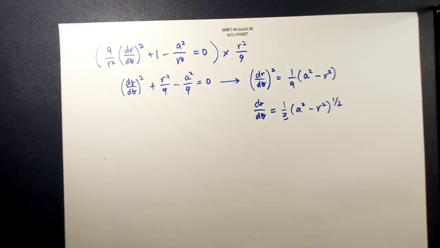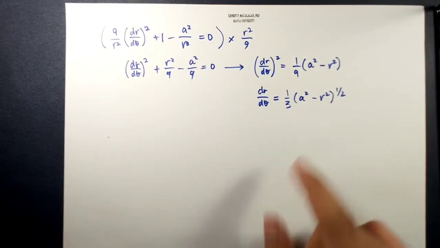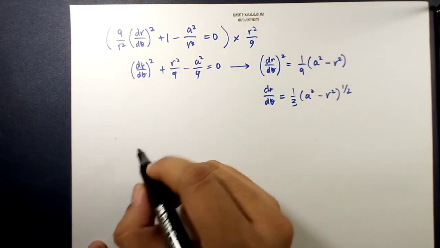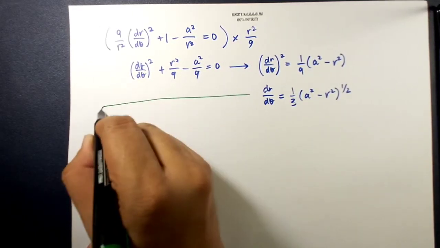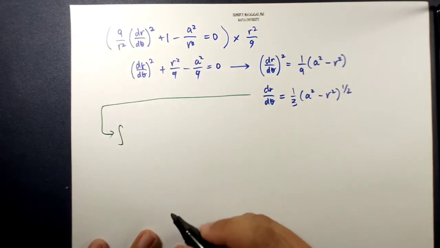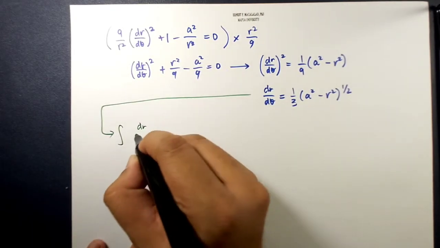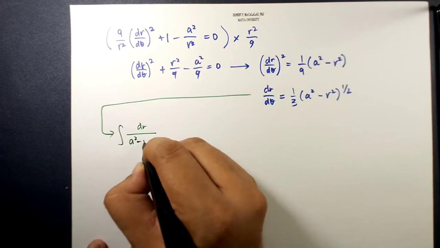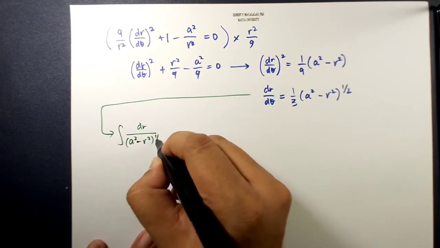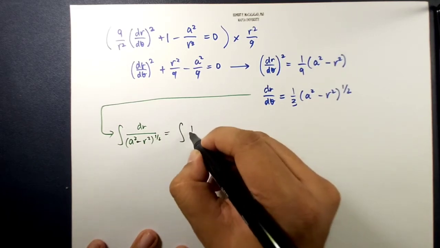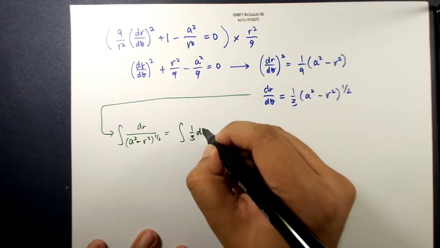Now let's solve this differential equation. This differential equation can now be rewritten as an integral equation: the integral of dr over a squared minus r squared to the 1/2 equals the integral of 1/3 d theta.